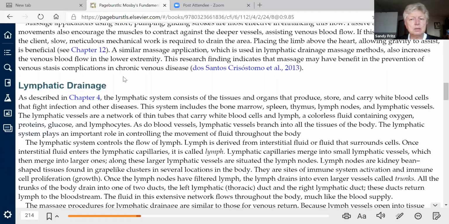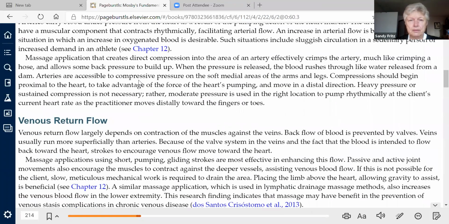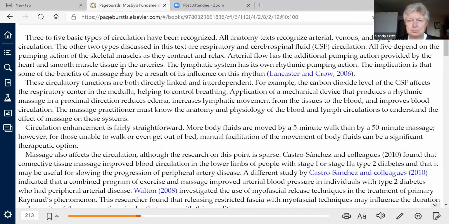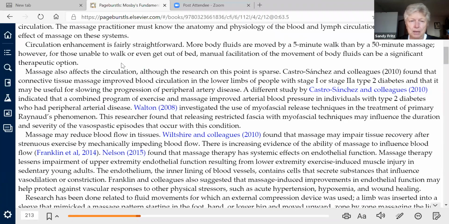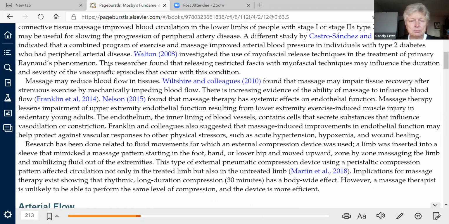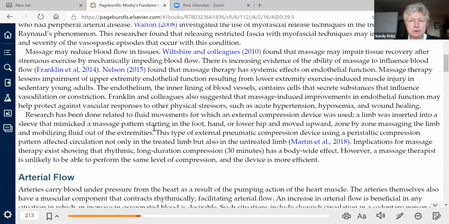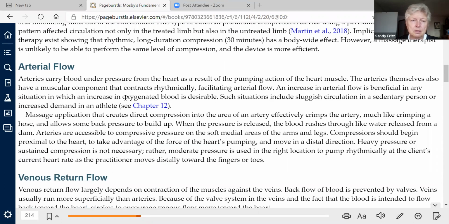And there are some contraindications related to the circulatory system. Pathology, blood clots is one, where there has been, it's rare, but there have been instances where massage has dislodged a clot in the lower limb, or dislodged a stent, usually in the lower limb, and then it has traveled up into the heart or lungs and caused some problems.